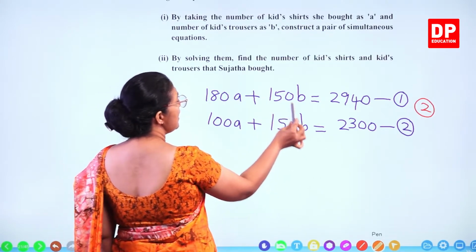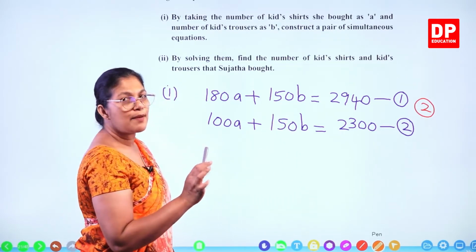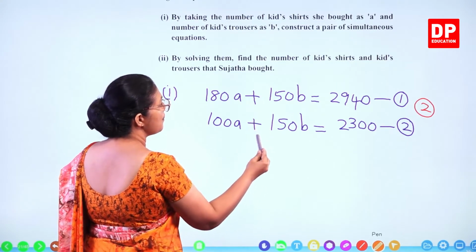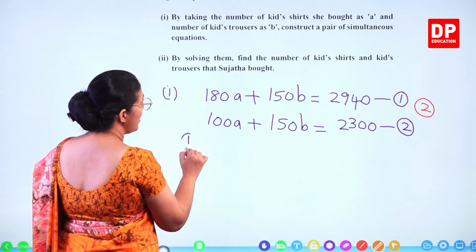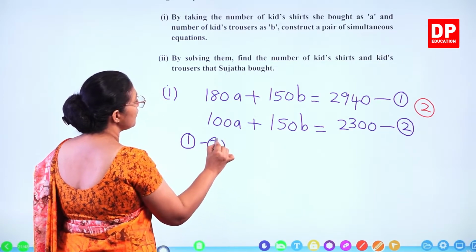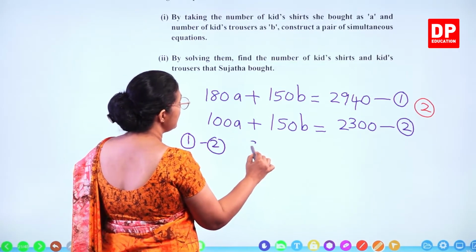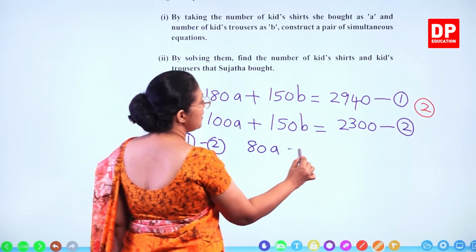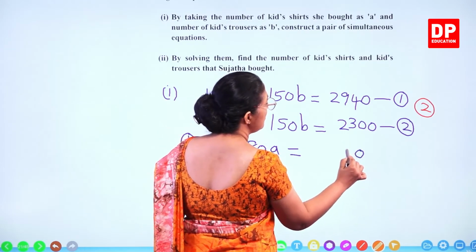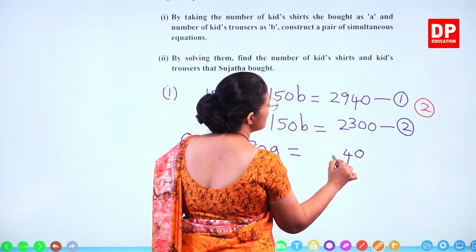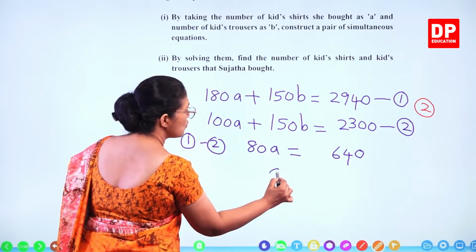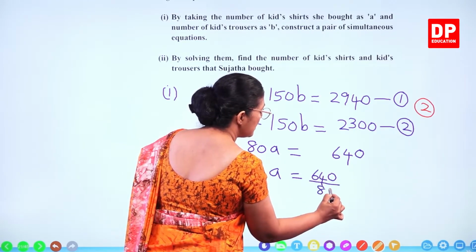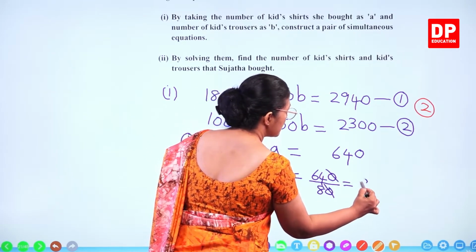We can see the B coefficients are the same. So you can subtract because the signs are also the same. So let's do 1 minus 2. 180 minus 100 is 80. A, and the subtraction here becomes 640. So what is the value? 640 divided by 80. You get 8.